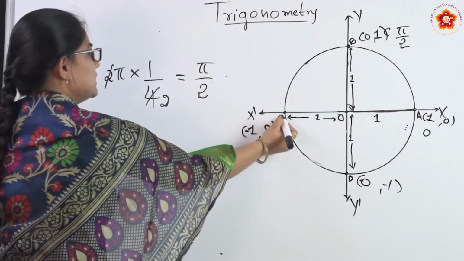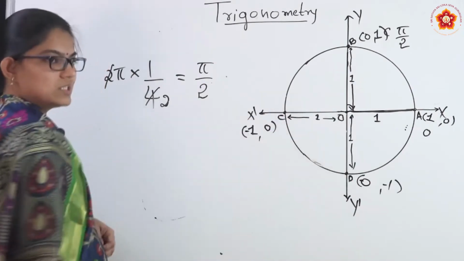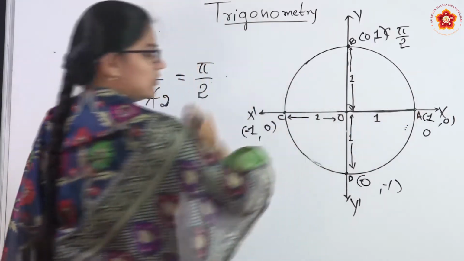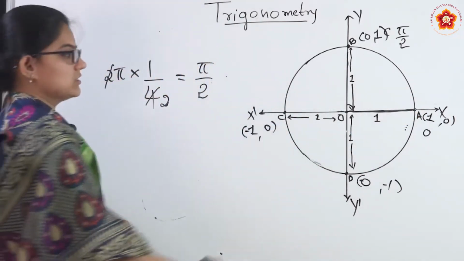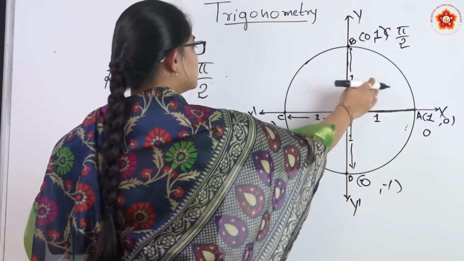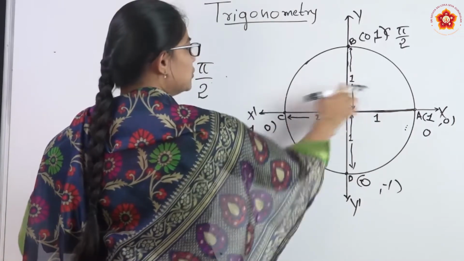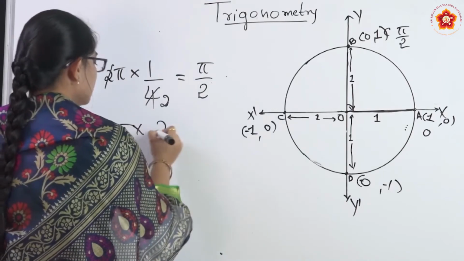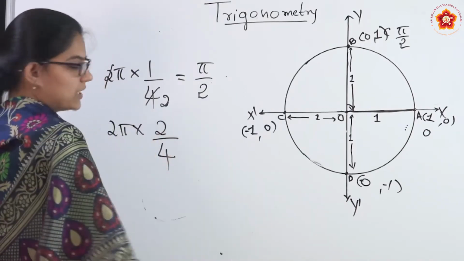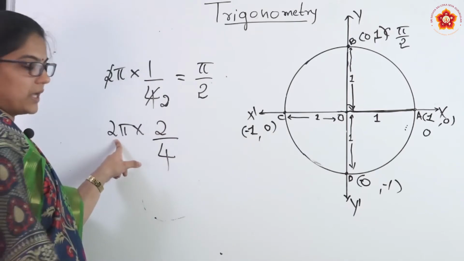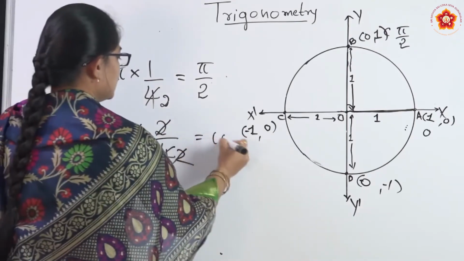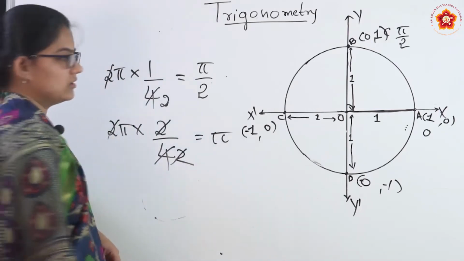Next, what is the angle corresponding to C? From here to here, what is the angle measure? Here two parts are covered. So that is 2 parts out of the 4 parts, that is 2/4 of 2 pi. So, we can say the angle is pi radian, right?